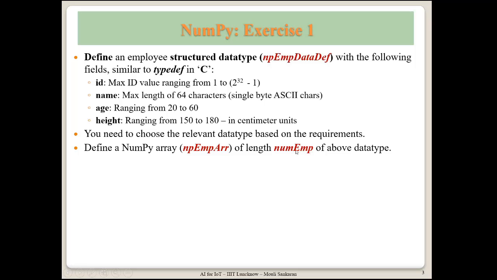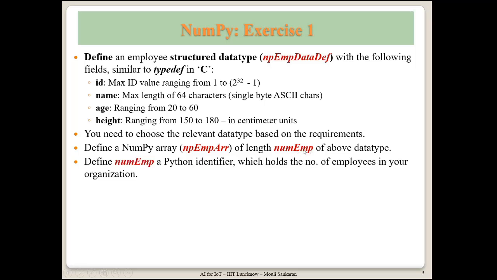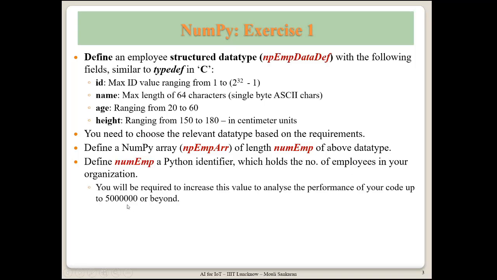So you have to define one Python variable. Of course, it will be an integer, and it holds the number of employees in your organization. You may be required to make it as huge as possible, because it is not going to be a NumPy element. It is an integer object of Python. So you don't need to worry about the size or anything, because it's only one entry.